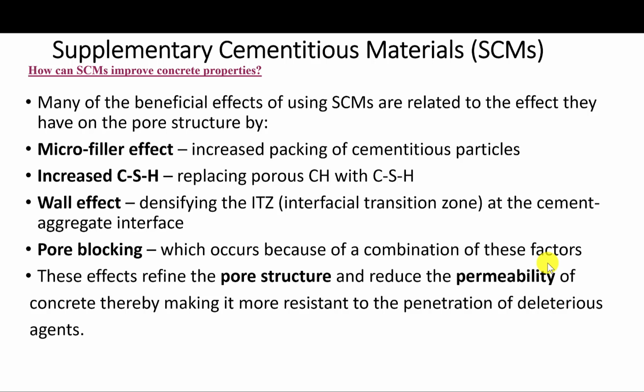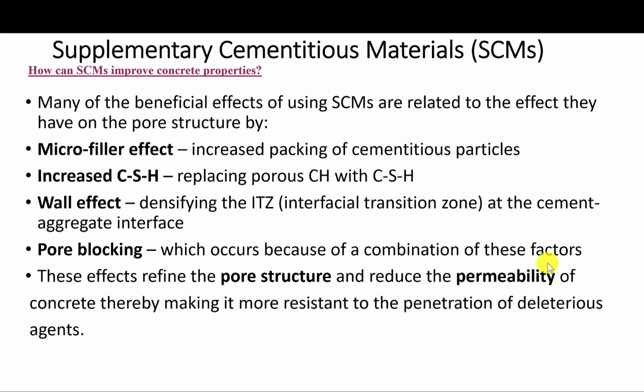Calcium hydroxide has problems: leaching, acid attack, and eventually an increased permeability. So basically what we do, we increase the calcium silicate hydrate and get rid of the calcium hydroxide, which has many drawbacks. So basically it's a double advantage. We also have something called the wall effect.